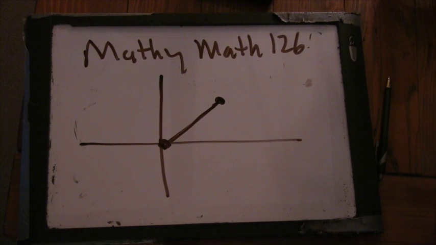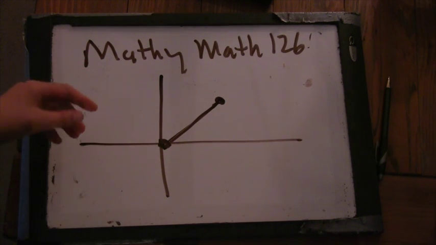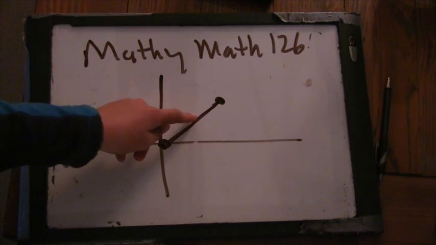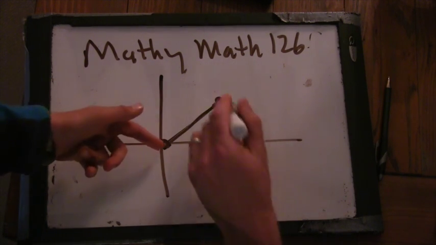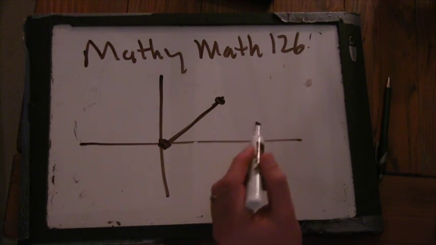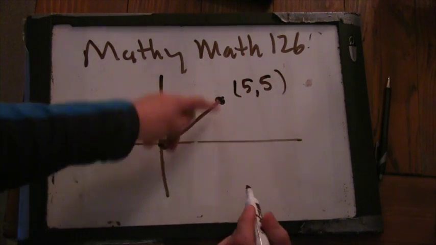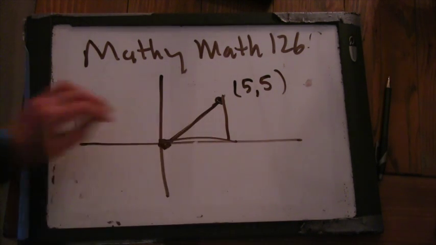The slope is how far you go over and how far you go up. So let's say this is 0, 0, and this is 5, 5. So you go over 5 and up 5. And then you can use the Pythagorean theorem.